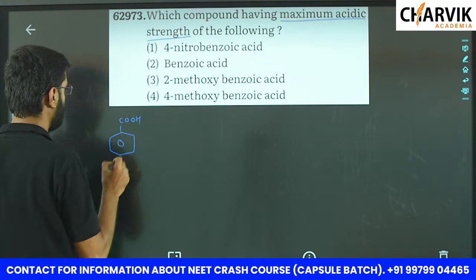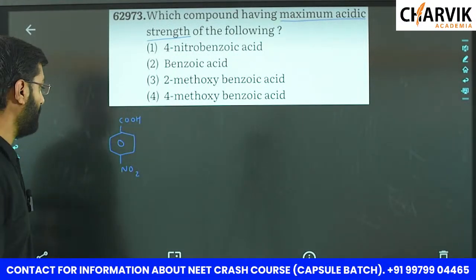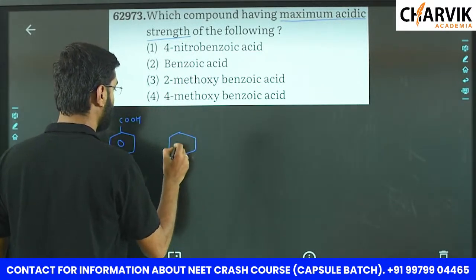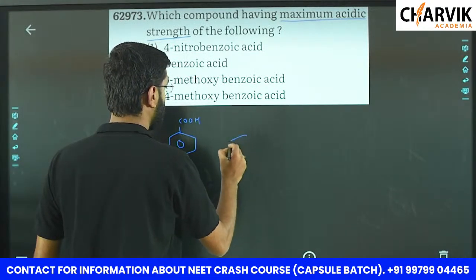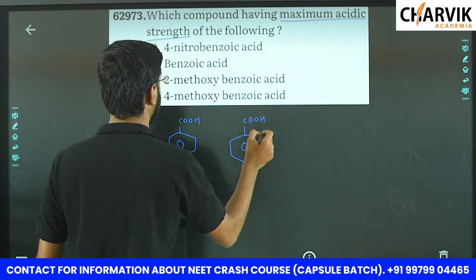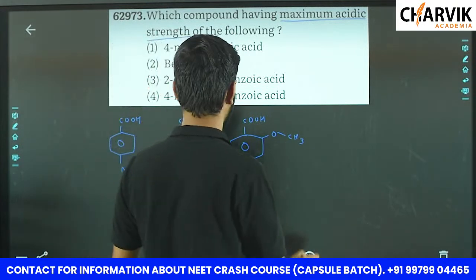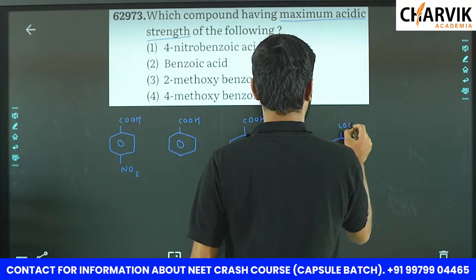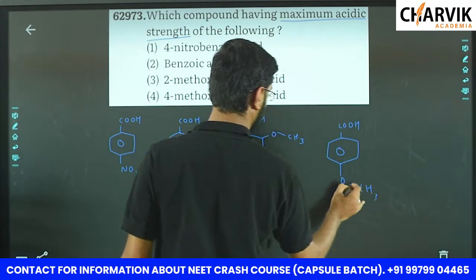This one is benzoic acid with NO2 on the 4th position. Second one is benzoic acid. Third one is 2-methoxybenzoic acid. And the fourth option is benzoic acid with 4-methoxy, OCH3.